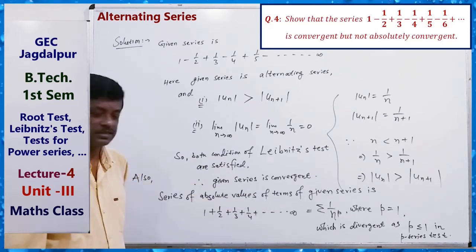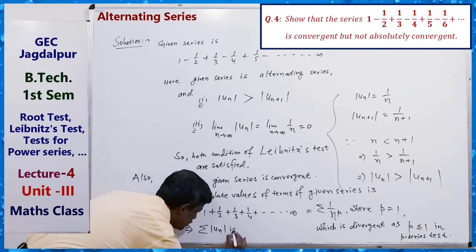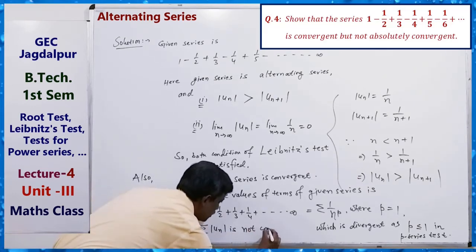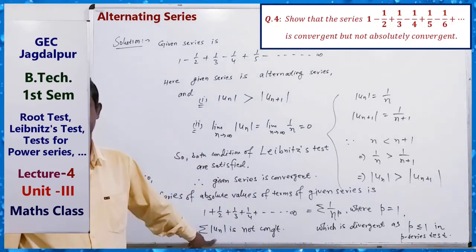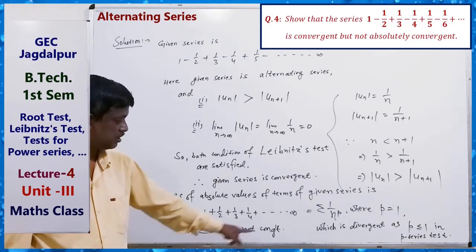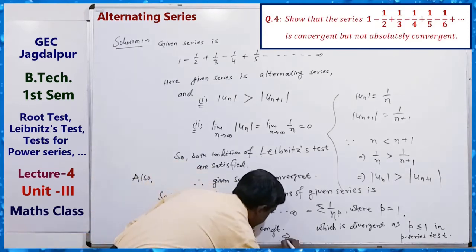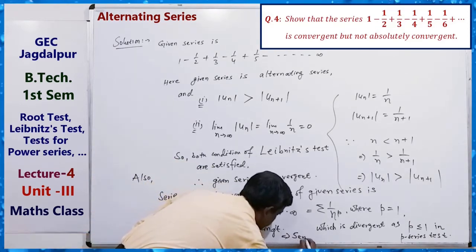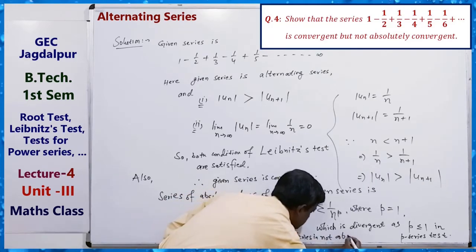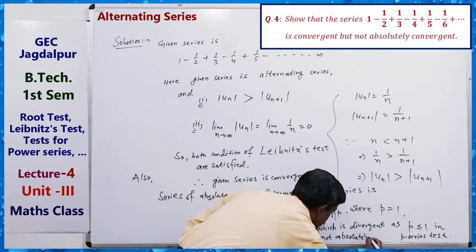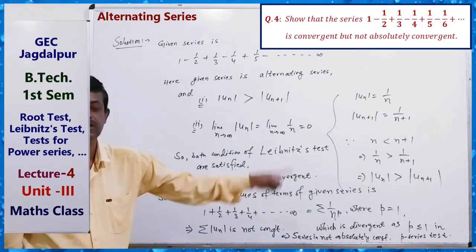So the absolute series is not convergent. The absolute value series is not convergent, which implies the series is not absolutely convergent.